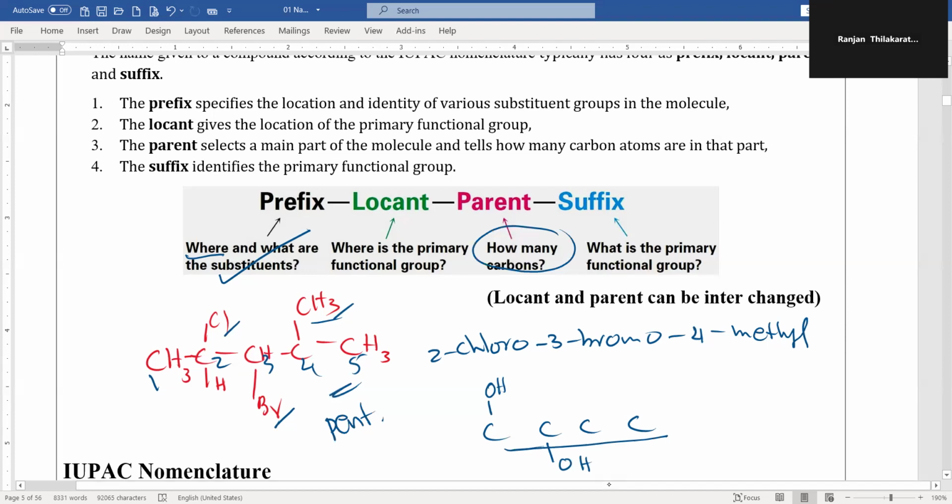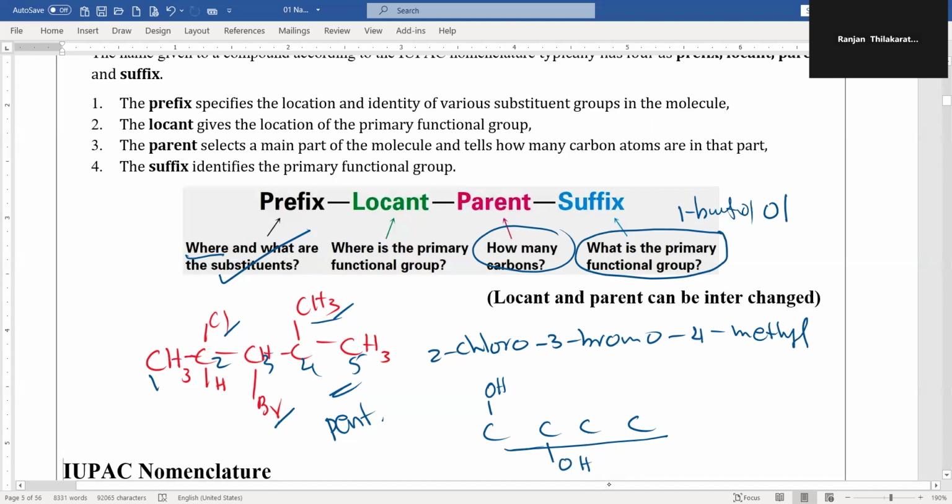And the suffix. Suffix is the indication of the primary functional group. If it is an alcohol, we end the name with "ol". If it contains 4 carbons, it is butanol. If the OH group is attached to the first carbon, then we call it 1-butanol.